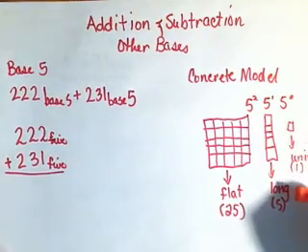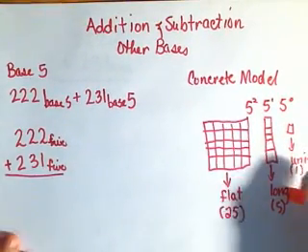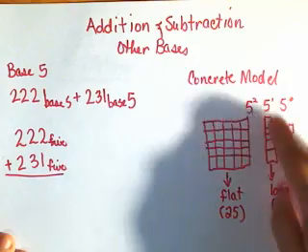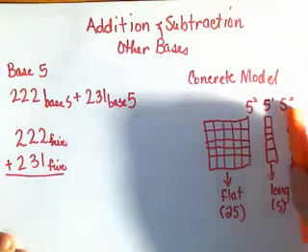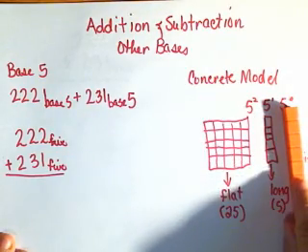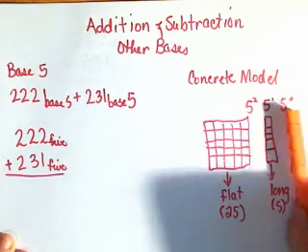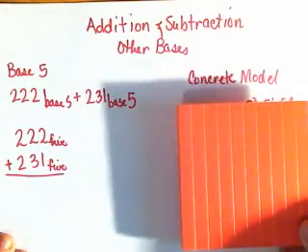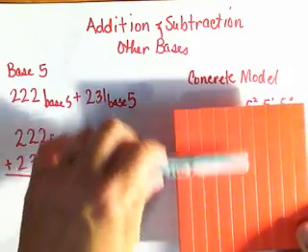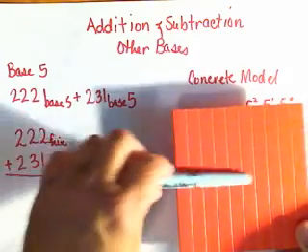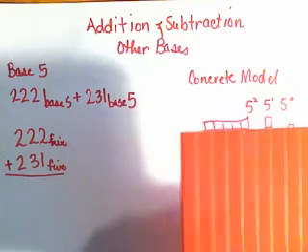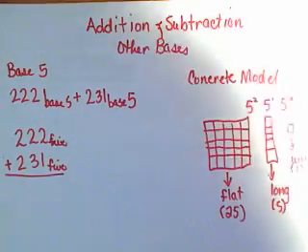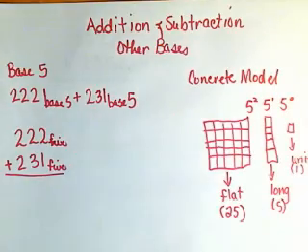So basically a unit is going to be a unit no matter what. But a long now, instead of having 10, is only going to have 5. So if I could cut this in half, then I would have a long. Now, a flat will have only 25, so it would be exactly a fourth of the size of a flat. Alright, so let's see what that means.